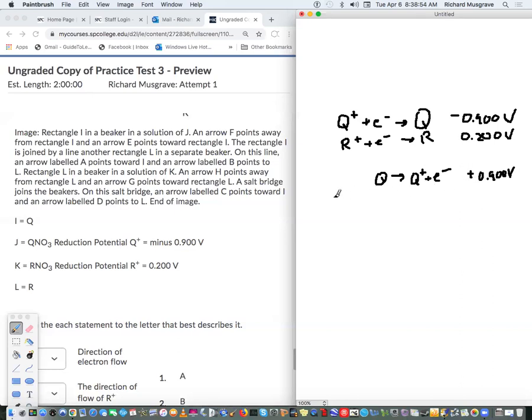And the bottom one is R plus an electron gives R. That's going to be 0.200 volts. And you can see that when we add those together, we'll get 1.100 volts.